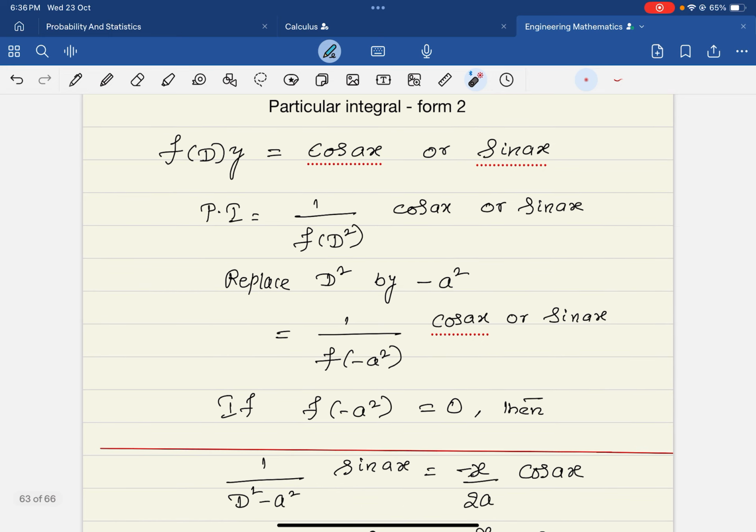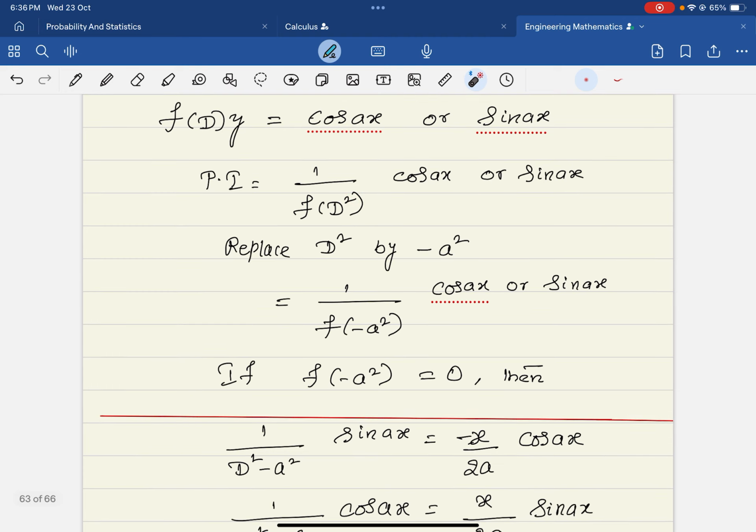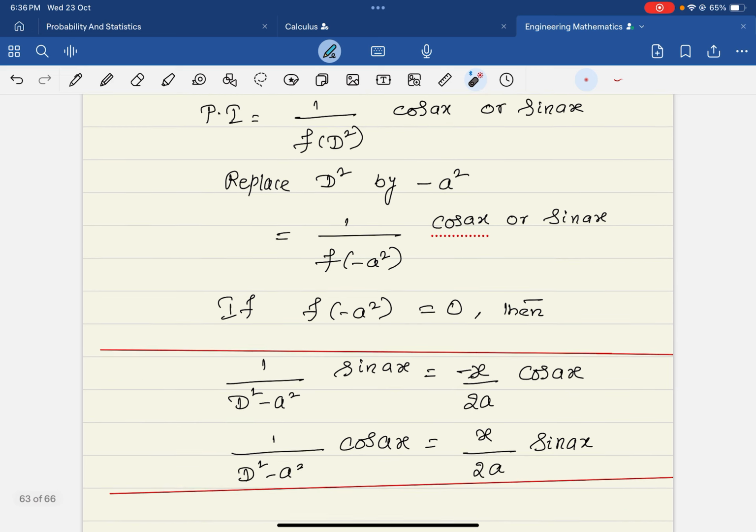Now when you say find the particular integral, we write 1 over f of D square, cosine ax or sine ax. Here in the place of D square we replace by minus a square, and we write f of minus a square, cosine or sine ax. Suppose it so happens that f of minus a square is 0, then we use the special case.